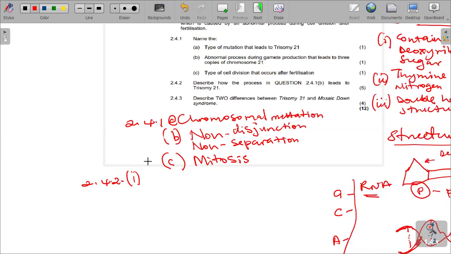One chromosome pair 21 failed to separate during anaphase 1 or anaphase 2. That is what happens there.